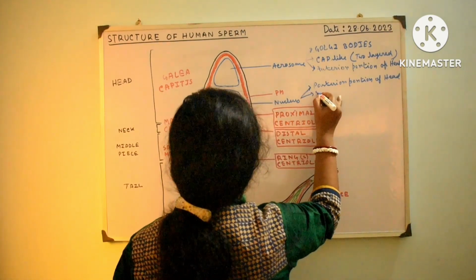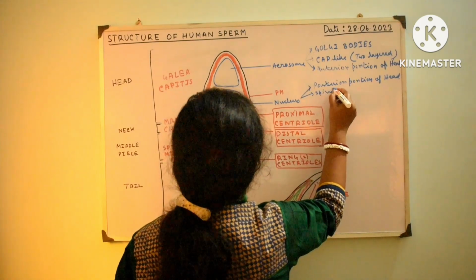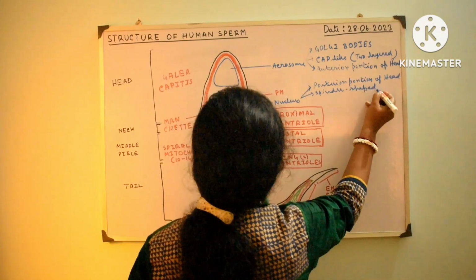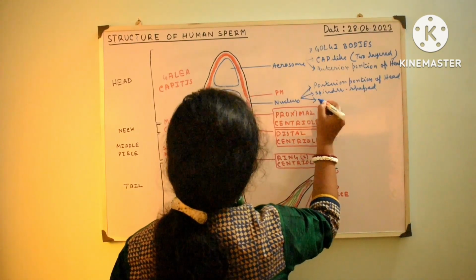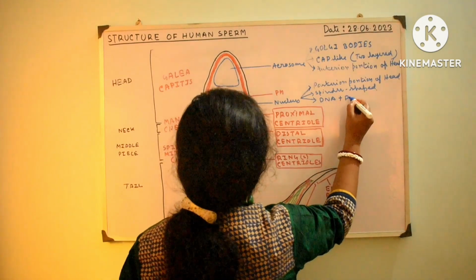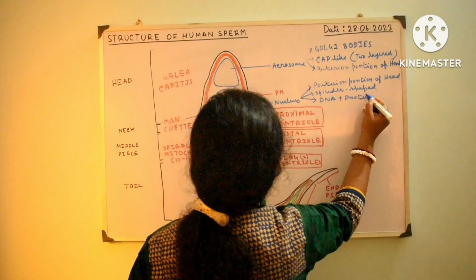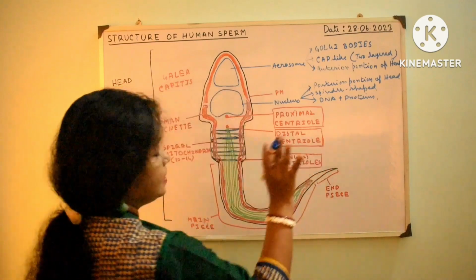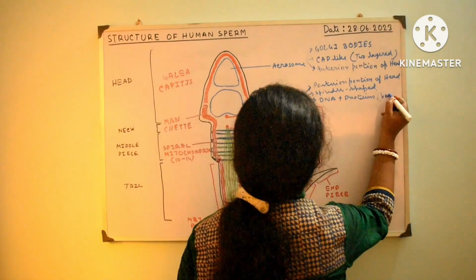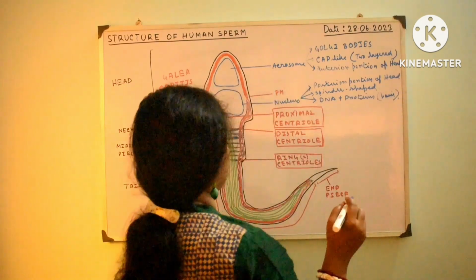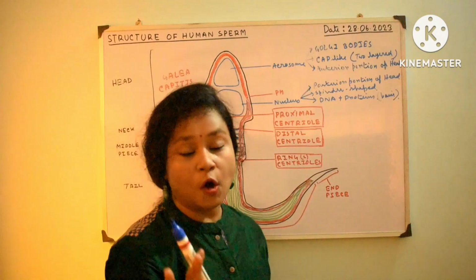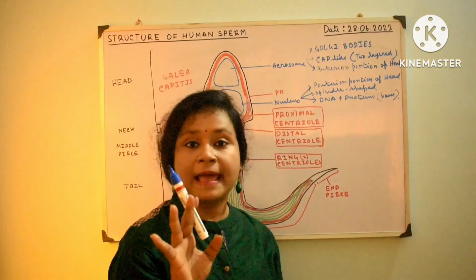This one is spindle shaped, and the nucleus contains DNA plus proteins. Got it? DNA plus protein. Proteins means basic proteins. So these are the two portions of the human sperm head.